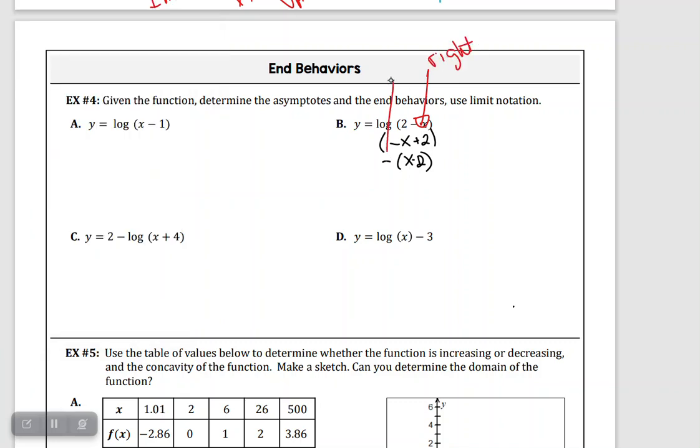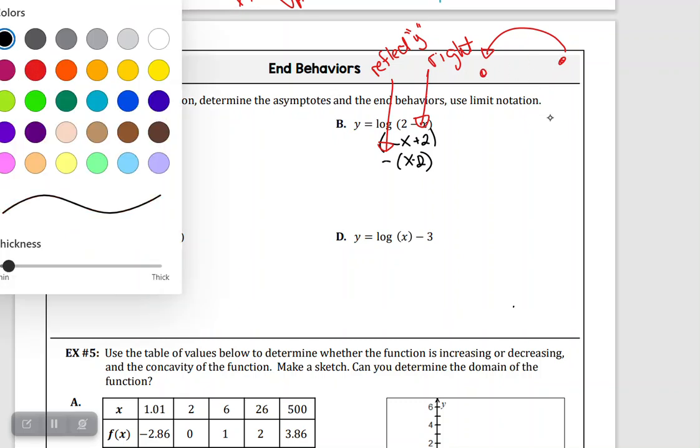And this negative out in front does a reflection. The reflection is going to happen over the y-axis because it's going to affect the x. So if an x is over here as a positive, and it becomes a negative, it gets sent over here, so it reflects over the y. So make a sketch. Think about what's happening.